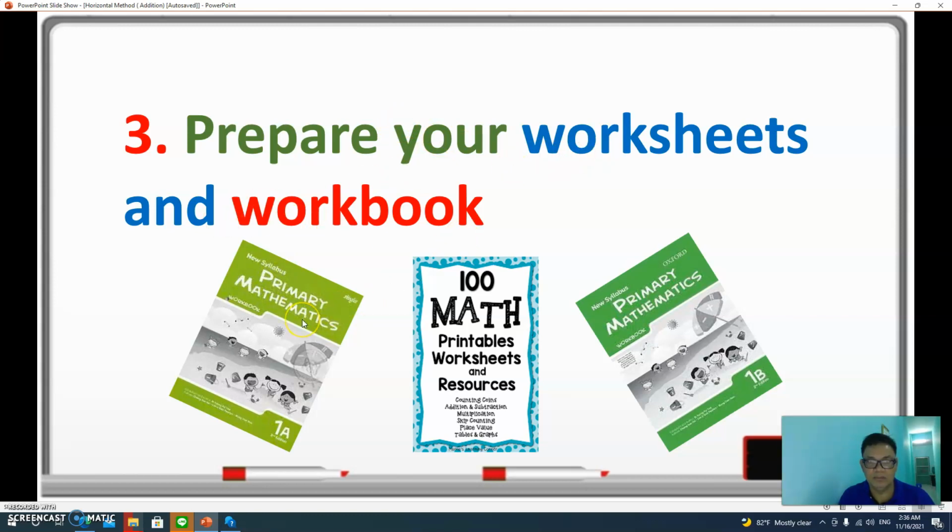You have workbooks, Primary Mathematics 1A and Primary Mathematics 1B, and you have worksheets also. Every student has a worksheet.